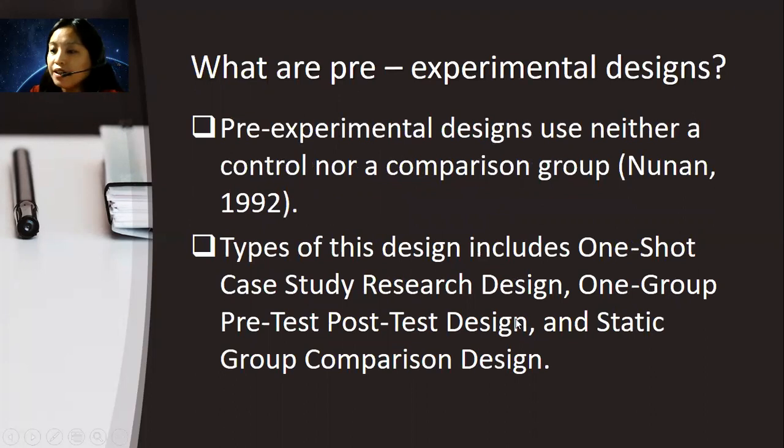So what are pre-experimental designs? Pre-experimental designs use neither a control nor a comparison group, according to Noonan, and types of these designs include the one-shot case study research design, one group pretest post-test design, and static group comparisons design.